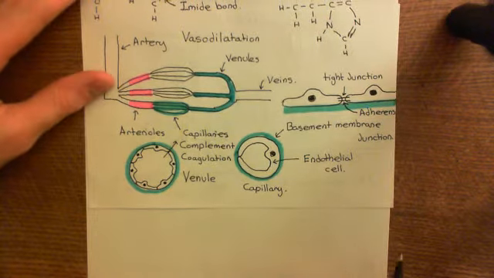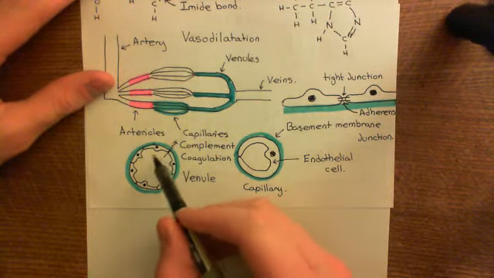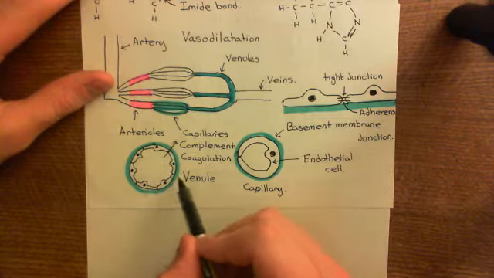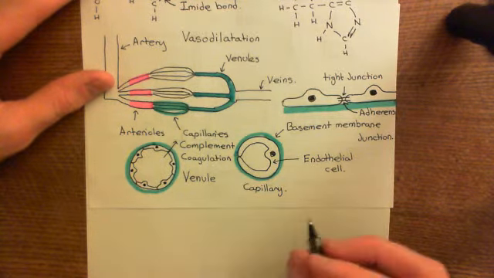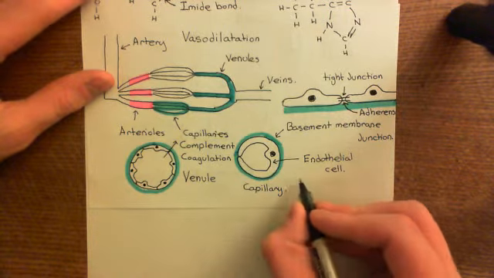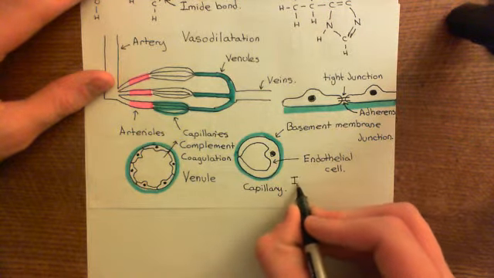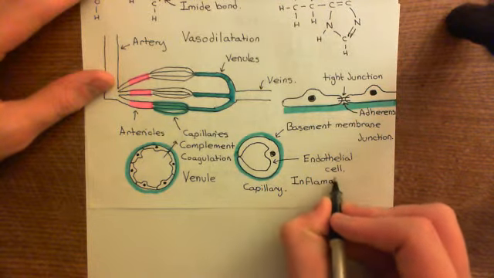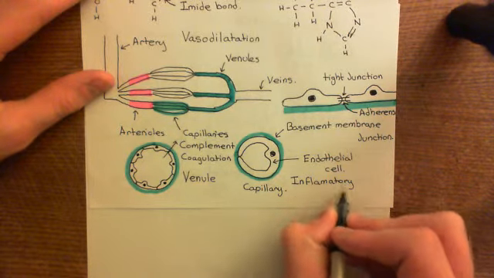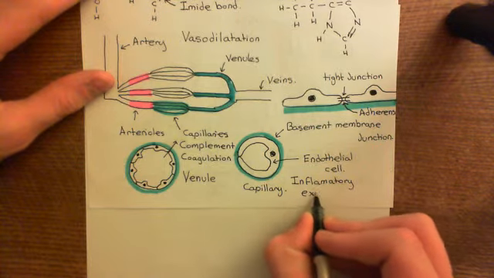Now, this increased fluid that comes out of these now very leaky venules and capillaries is what's known as an inflammatory exudate. I'm going to write this word here because of the lack of space up there. So it's known as an inflammatory exudate, or merely just as an exudate.